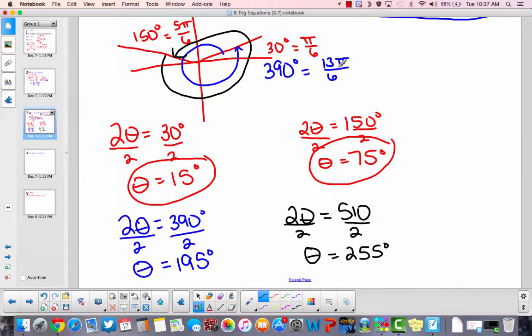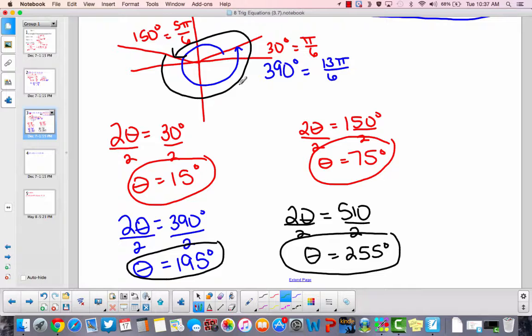Okay, so could we go around the circle one more time? So we have this as an answer, and we have this as an answer. Let's try going around the circle another time. So at 390, I go around the circle one more time, and I have 390 plus 360.